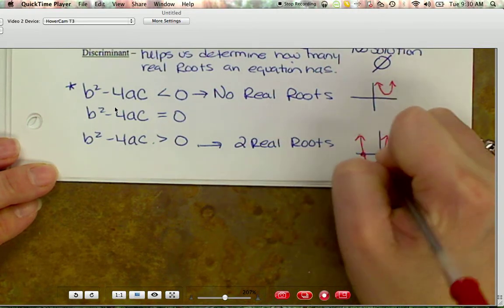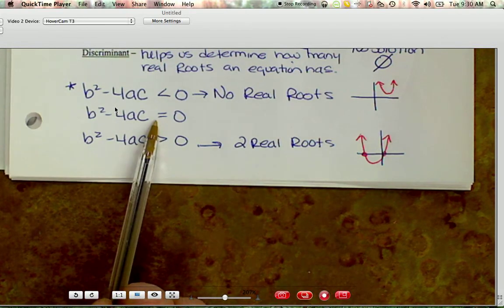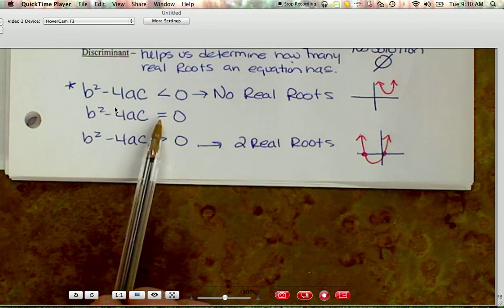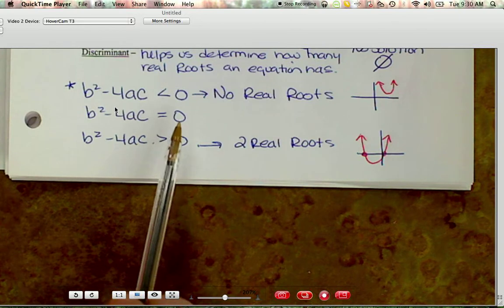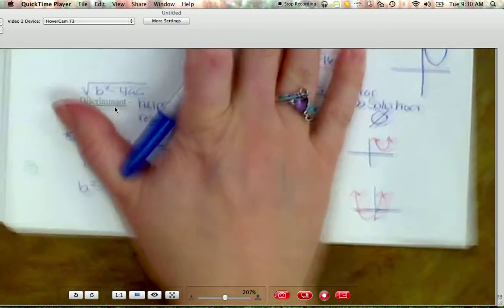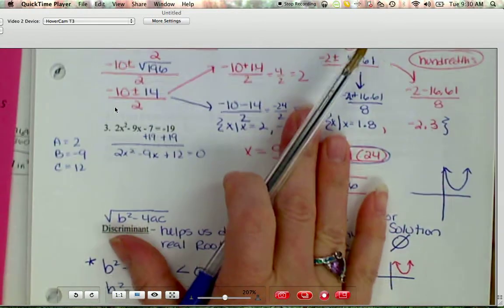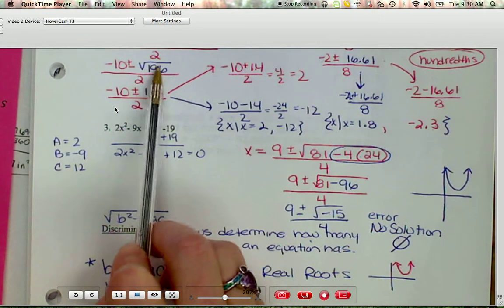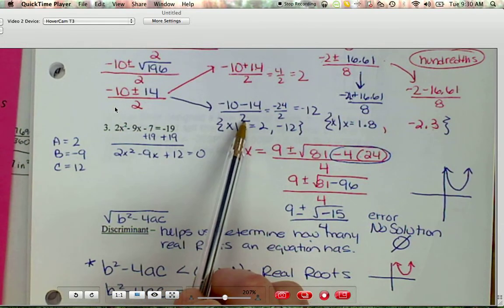1, 2. Now the last scenario: if you get exactly 0 inside the radical, and we take the square root of 0, there's no positive 0 and negative 0. There's just 0. So instead of it splitting into 2 answers, let's say this was 0 right here. Negative 10 plus 0 divided by 2, negative 10 minus 0 divided by 2.